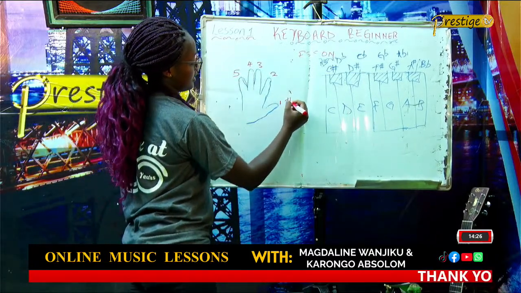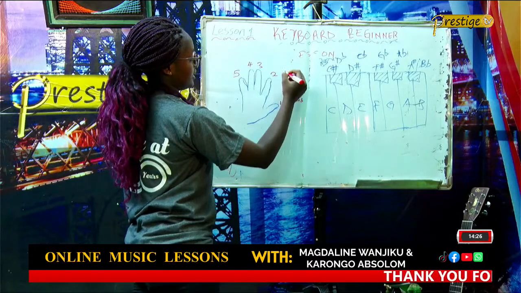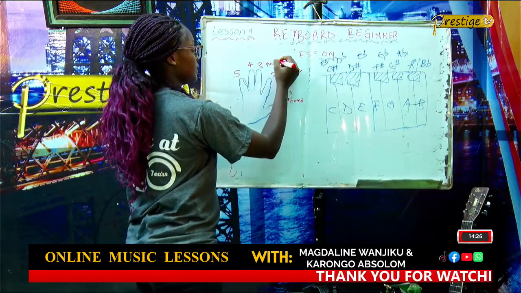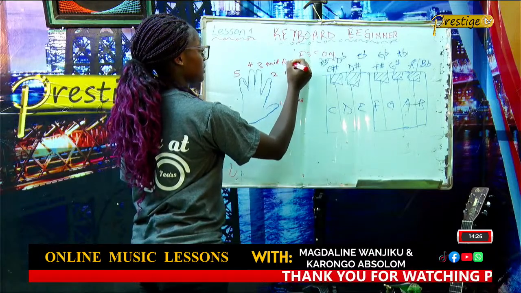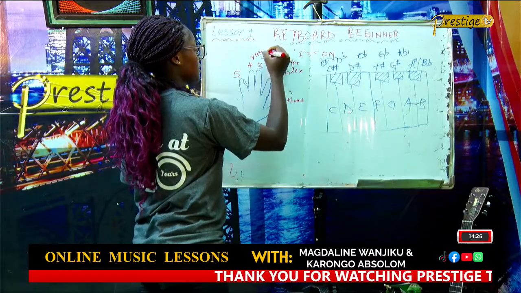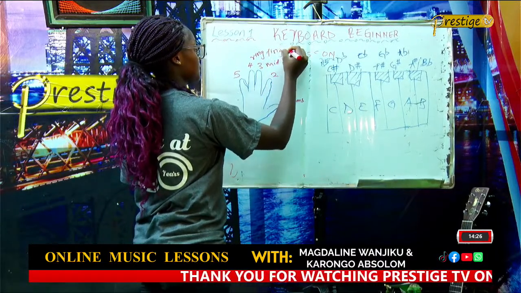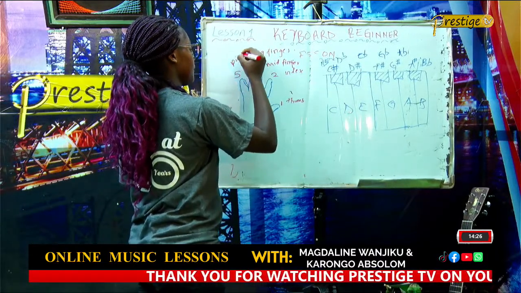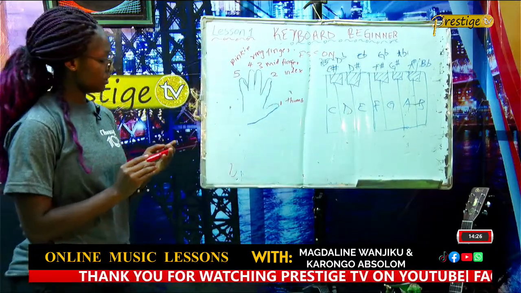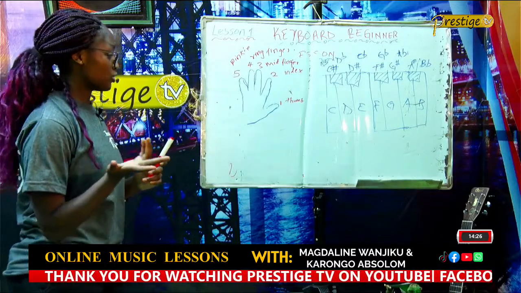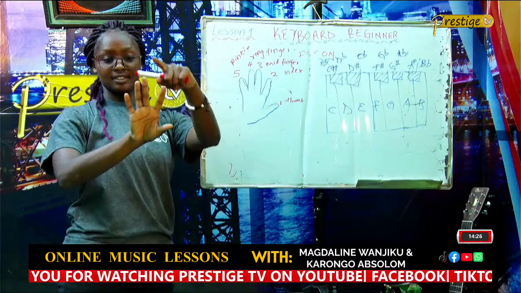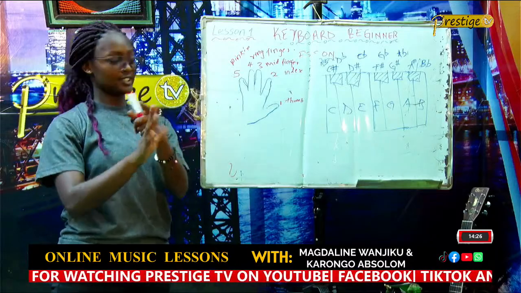So this is the thumb, index, middle finger, the ring finger, and the pinky. The same goes for your right hand. So this becomes your first, second, third, fourth, and fifth. It doesn't change.